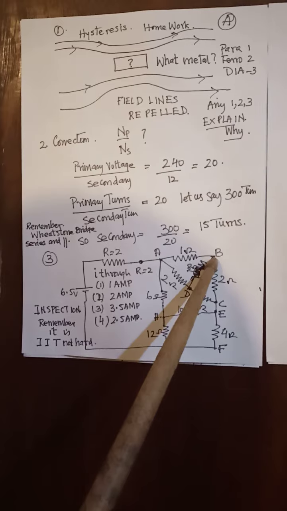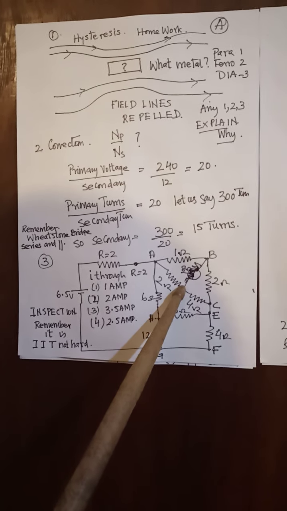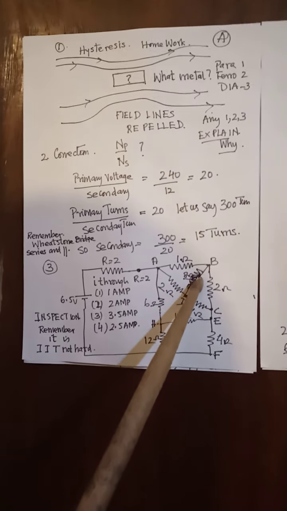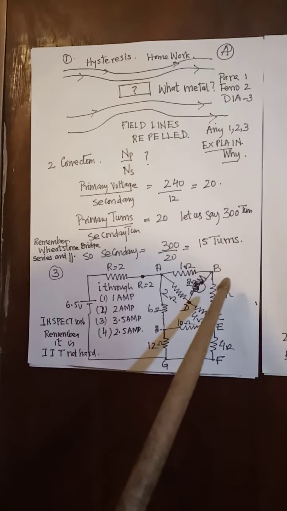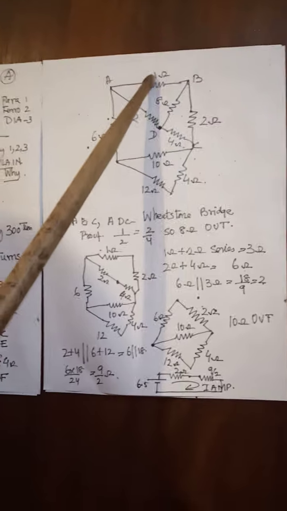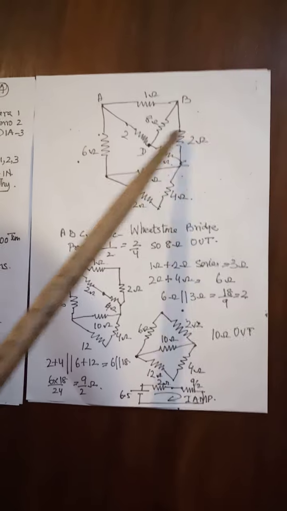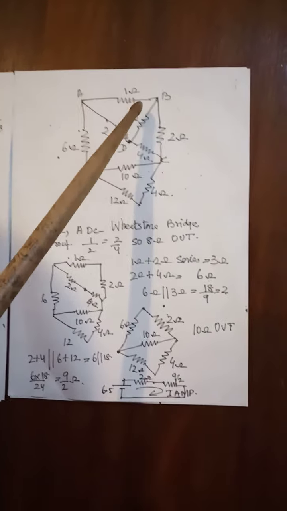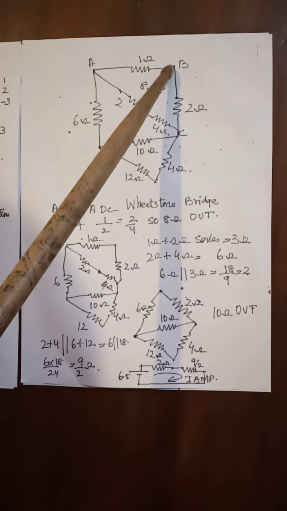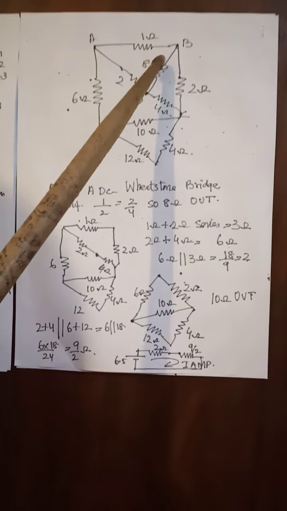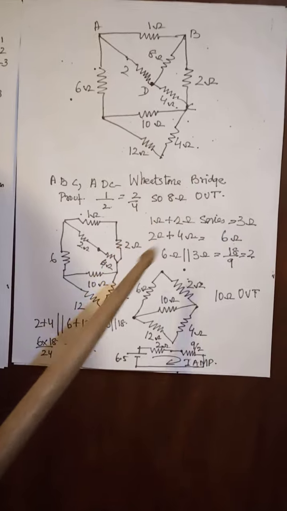So there will be no current through 8 ohms. So now what you do, 8 ohms is out. See? So now 1 by 2 is 2 by 4, P by Q, R by S. There is no current in the galvanometer. This is like infinity. You leave it.